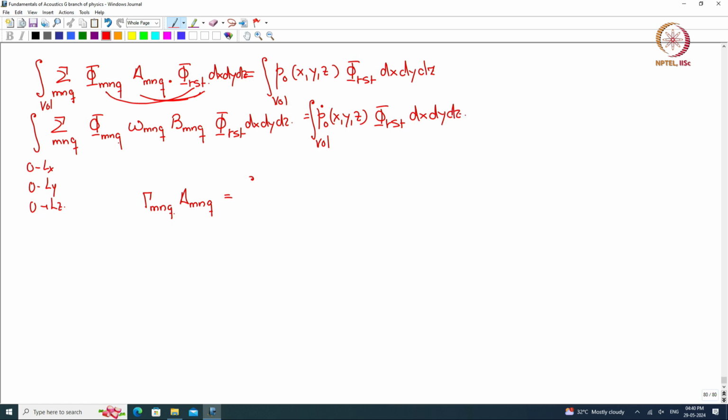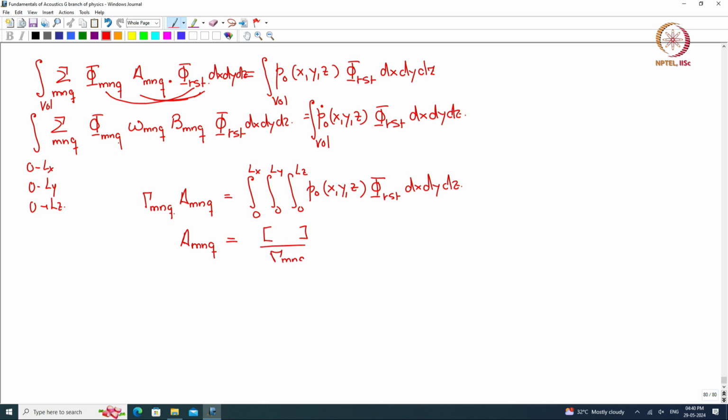Therefore A_mnq is this integral divided by gamma_mnq.